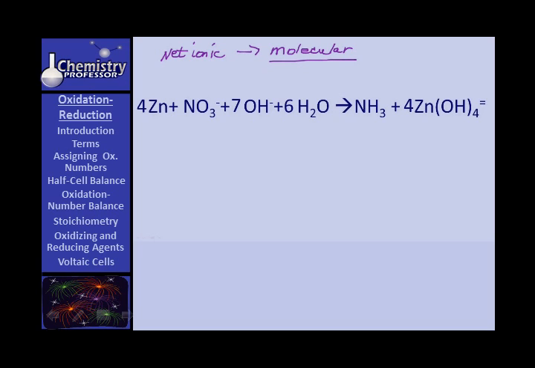Now, look at what you have. Look, for example, at the 7 hydroxides here. What would you use for the hydroxide? Well, how about sodium hydroxide? And you know that sodium is going to become a spectator ion, but that's fine. It's a good spectator ion. Well, what about the nitrate? What would you use here? How about sodium nitrate?